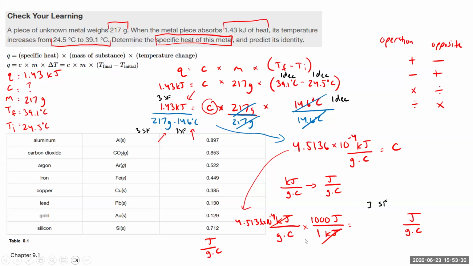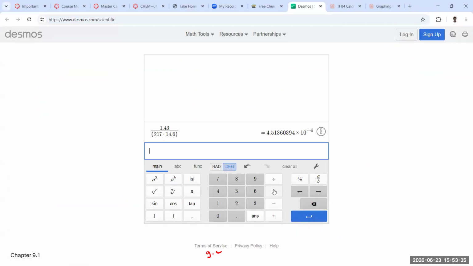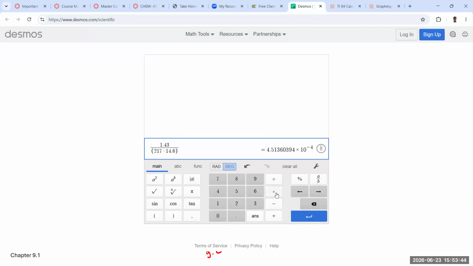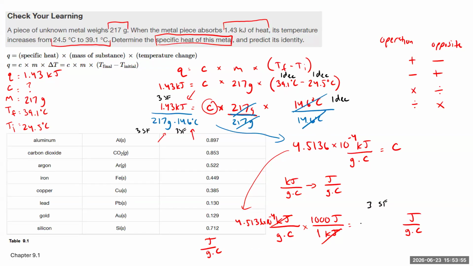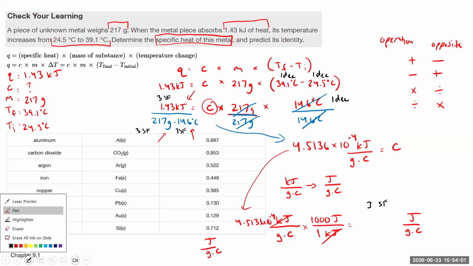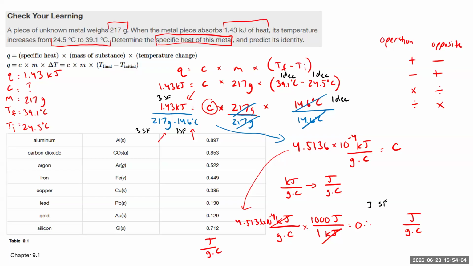Let's try that out. 4.5136 times 10 to the negative fourth times 1,000, which is now going to be 0.45136, so 0.451, three sig figs.